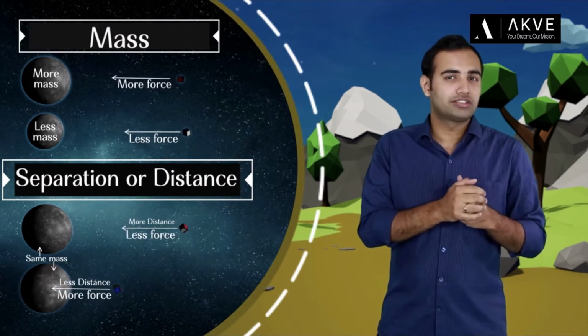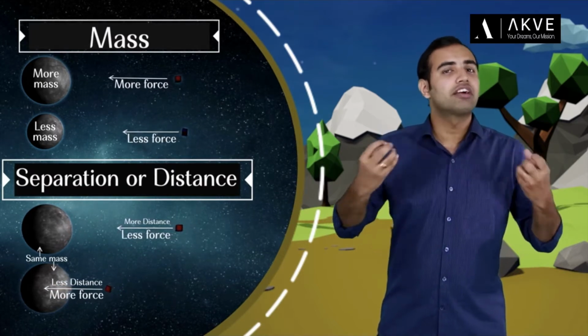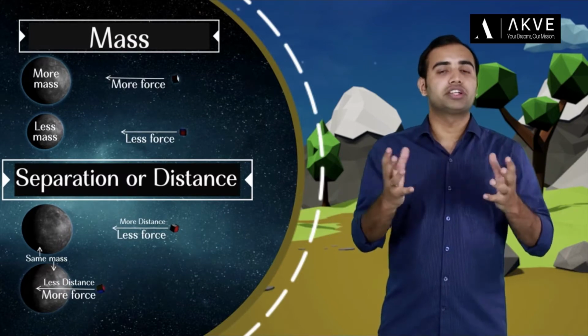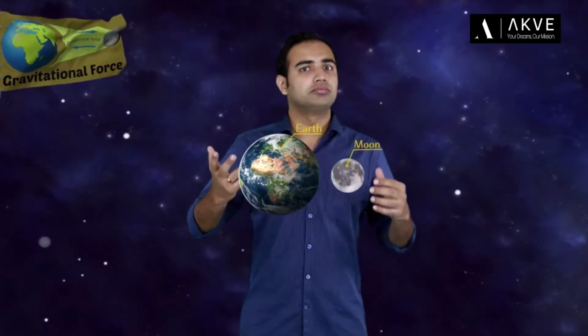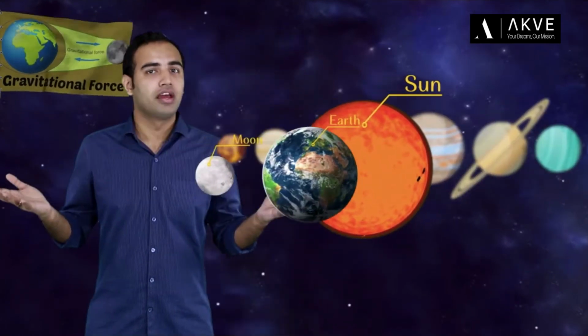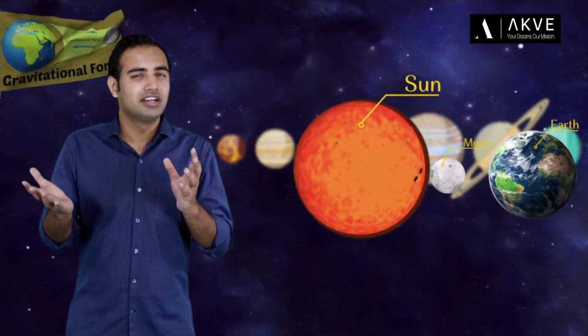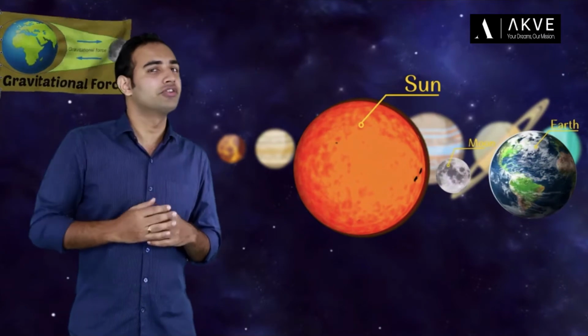Similarly, objects that are close by will have more gravitational attraction compared to the objects that are far away. For the gravitational force to be anywhere significant, we need really massive objects, something on the scales of the celestial bodies, like the Earth, the Moon, the Sun, and the planets. Anything less massive than these will have very little gravitational force.